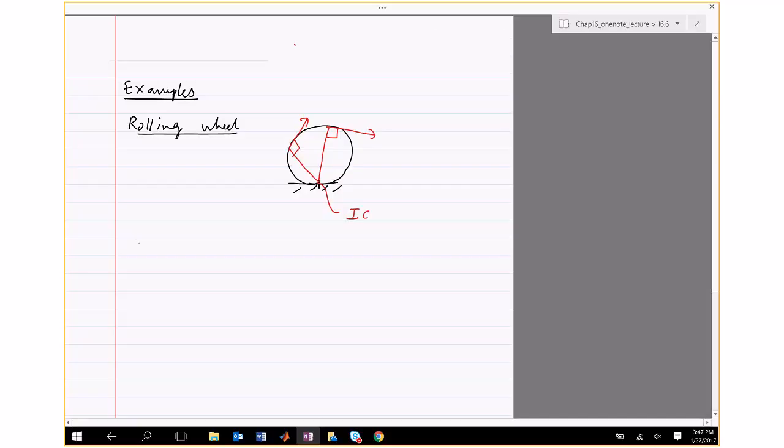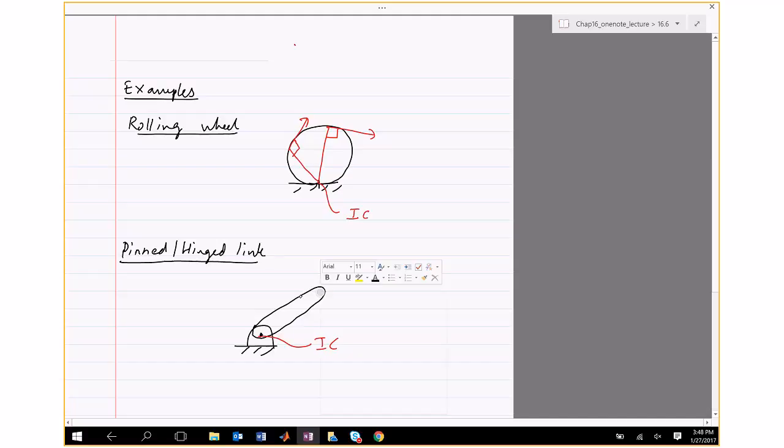Next one is a pinned or a hinged link. So a pinned link has the property that the point which is pinned has a velocity equal to 0. So if you want to find velocity of any point, it's just going to be in a direction normal to the vector from IC to that point.